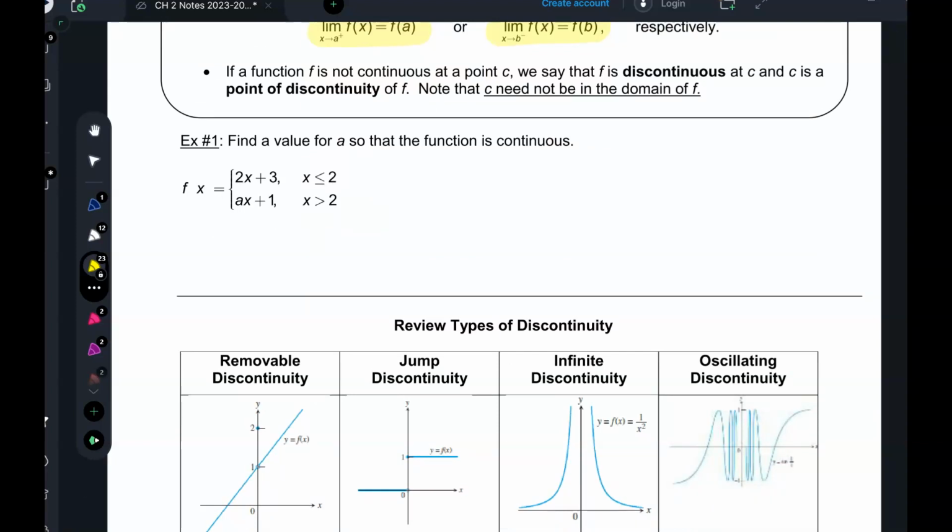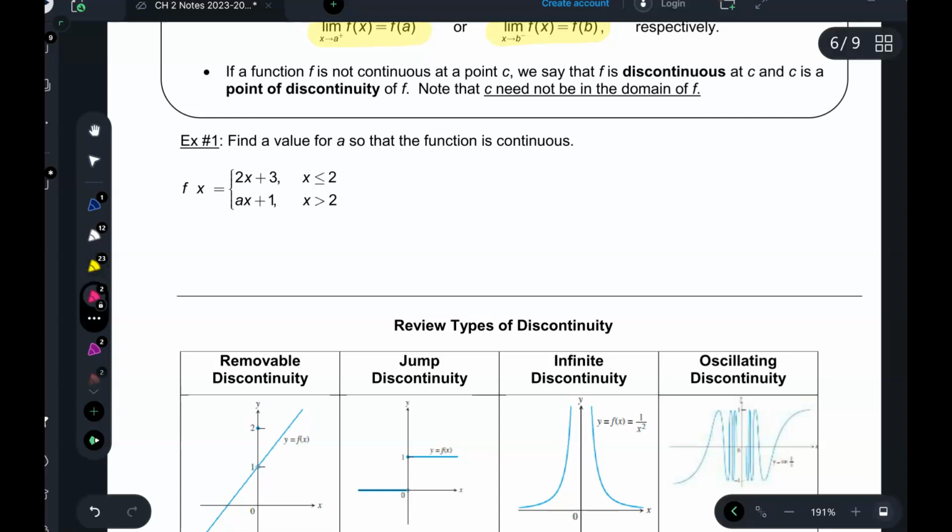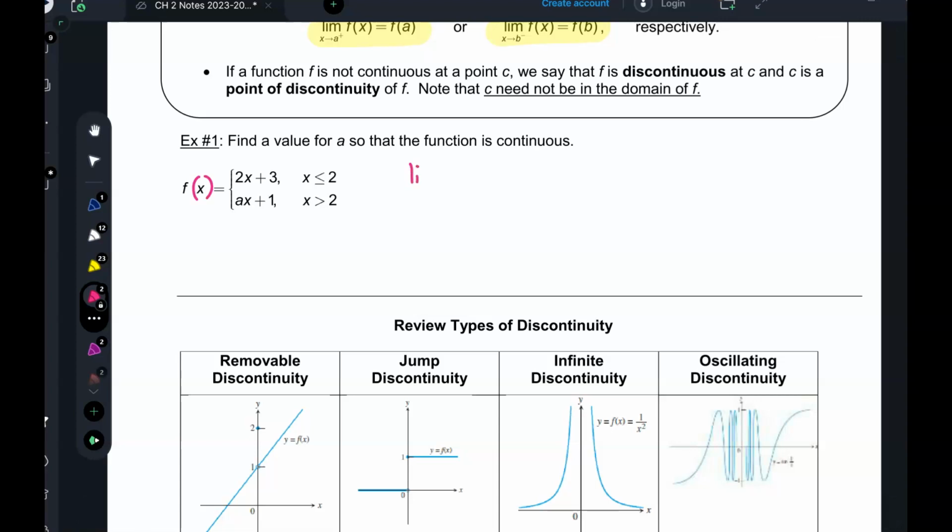We want to make it continuous. Okay. So yeah, what are we going to do? I'm going to write it out in notation so we can see. So let's do 2 from the left.